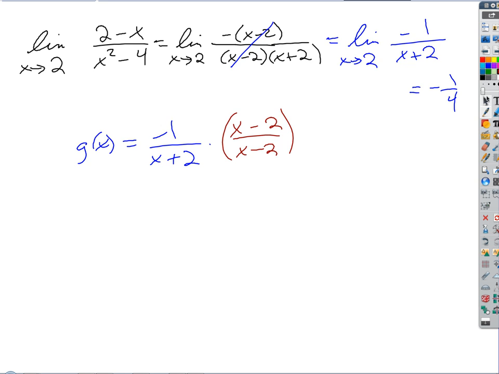Okay, how about something like this? What am I going to do with this? Try direct substitution.